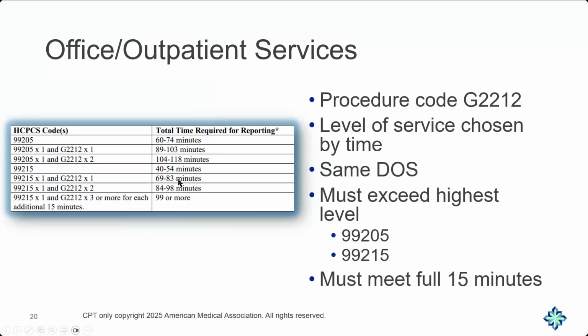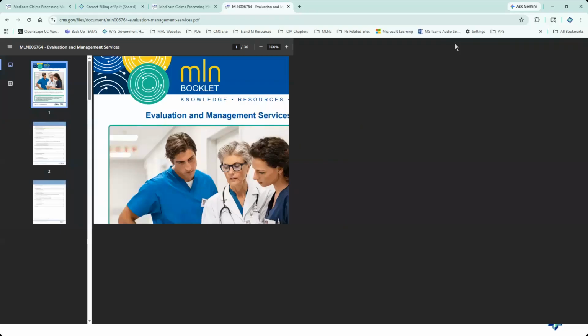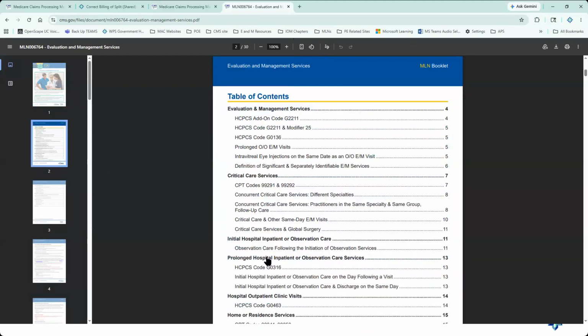Here I do have a visual of the Evaluation and Management Services Guide that CMS has, and let me grab that. Sorry, my controls for the webinar are just hiding my tab. But when you're in the Evaluation and Management Services book, you are going to see a section that is specific to prolonged care.